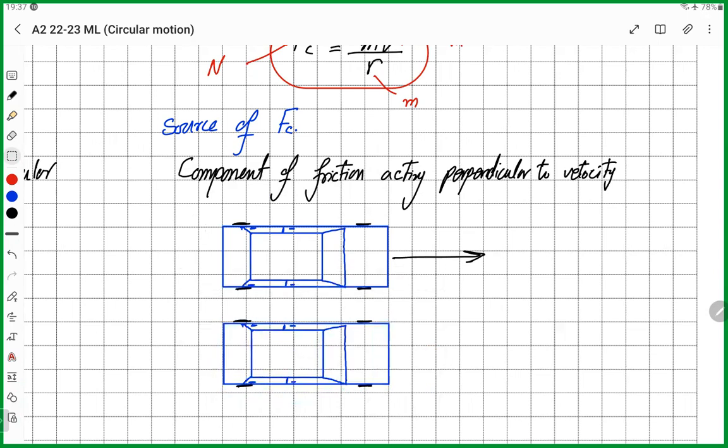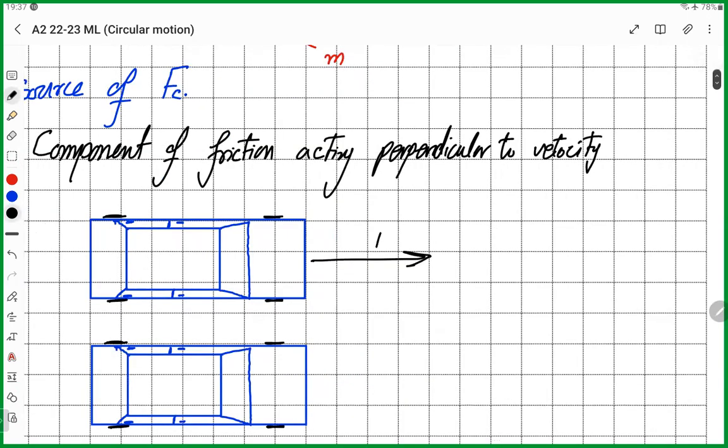In the first case, this is the direction of friction between road and tires, and this is the direction of motion.